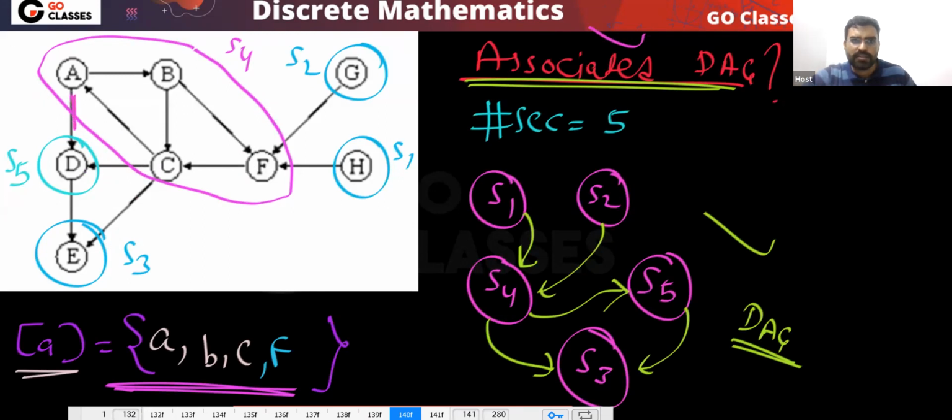You have an edge from S4 to S5 because of this or because of this. At least one. Yes, of course, at least one edge must be there.